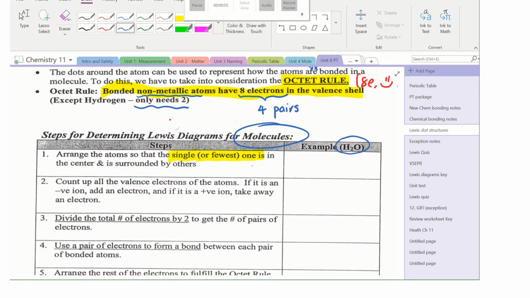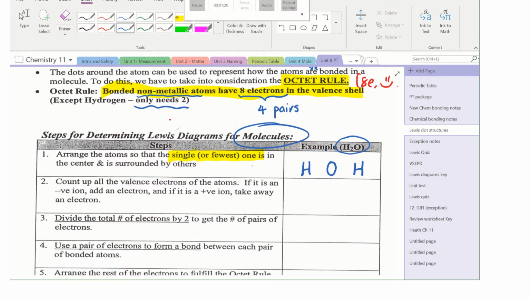In this case, oxygen is the single one, so there's only one, right? So we put it in the center. And then the 2 hydrogens, we just put next to it. We want to draw this so that it's symmetrical, like this.